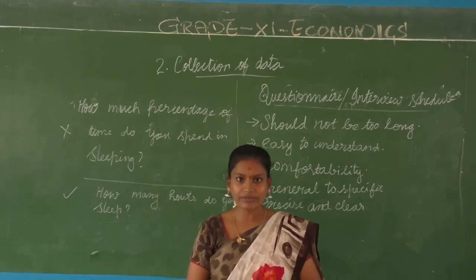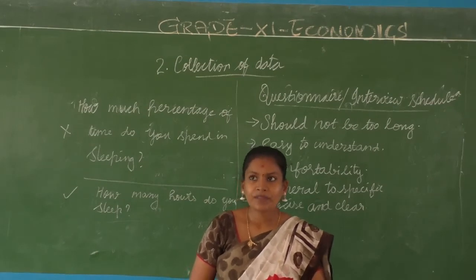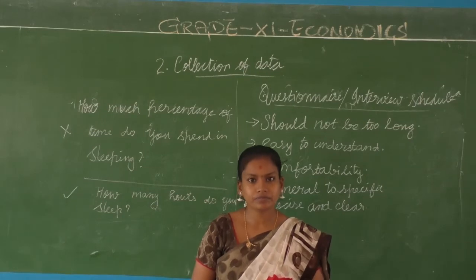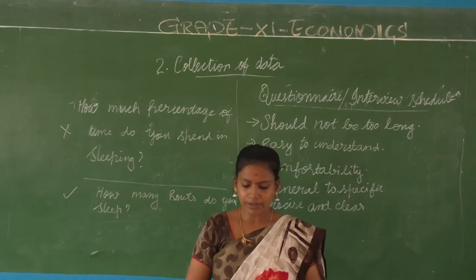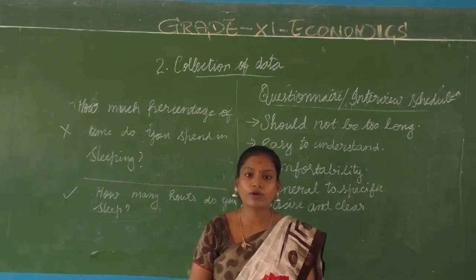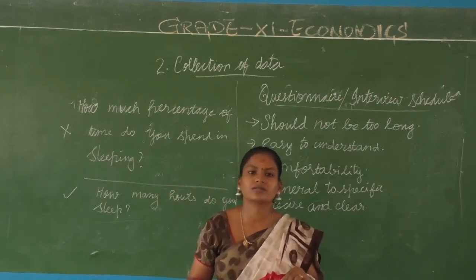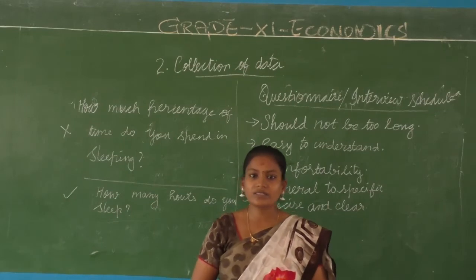Next one, already we discussed that it should not be ambiguous. It should be easy. They should not find it difficult to answer. The example that is given is, do you spend a lot of money on books? Buying books means how much do you spend? Like 200 to 300, 300 to 400. Like that you can even frame your own examples in different terms.